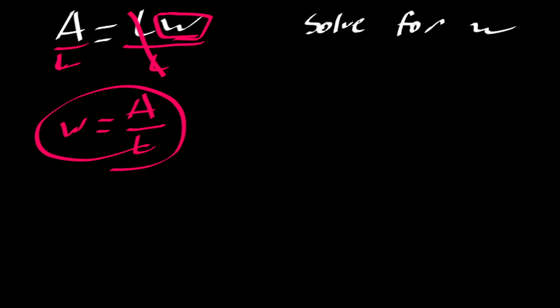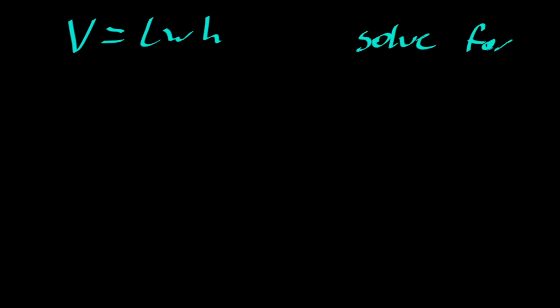All right, so we can even do one with multiple variables, or even more than just 3 variables. We could do a problem with like 4 variables. Like let's say I had V equals LWH, and I want to solve for H. So try this one out, see if you can figure this one out.